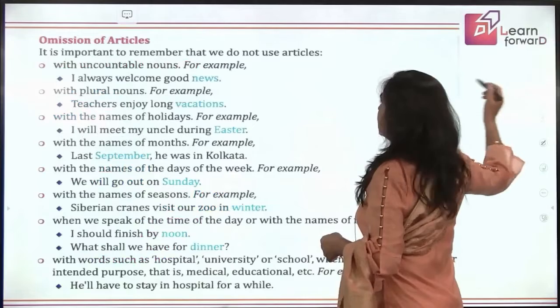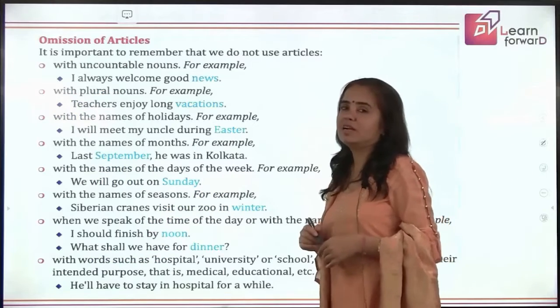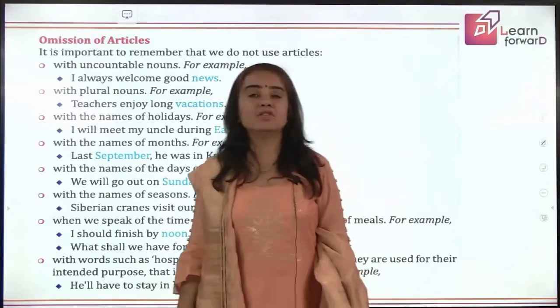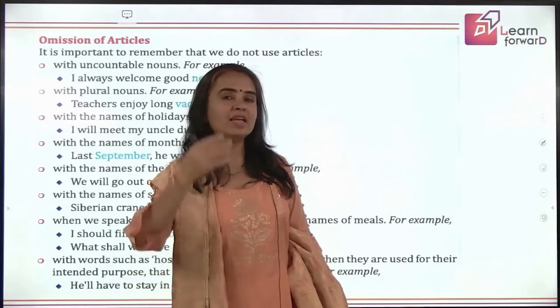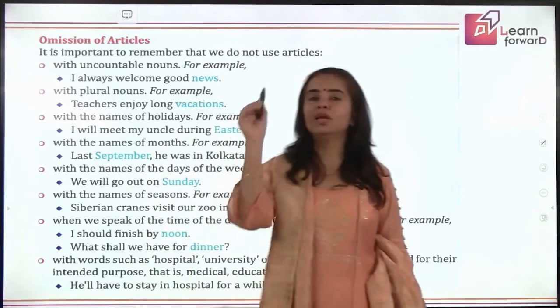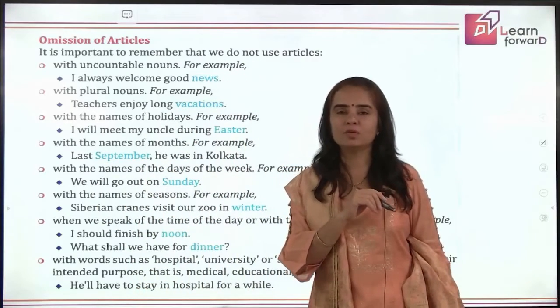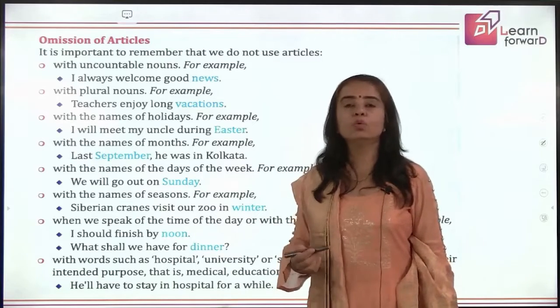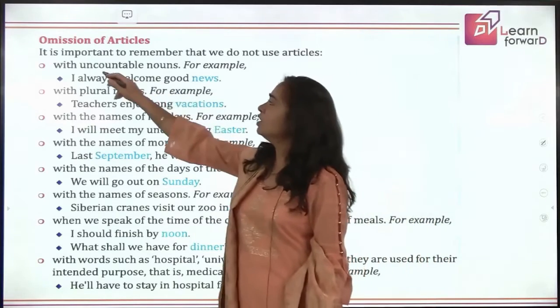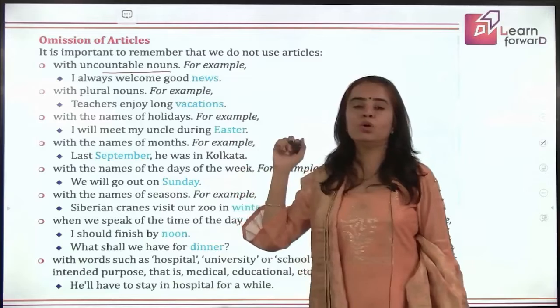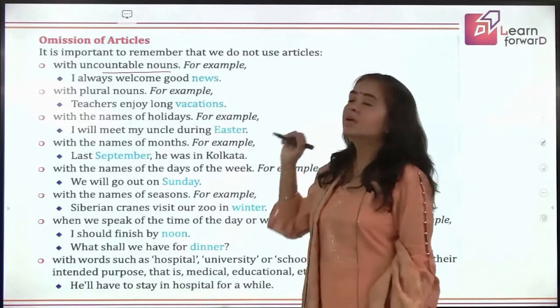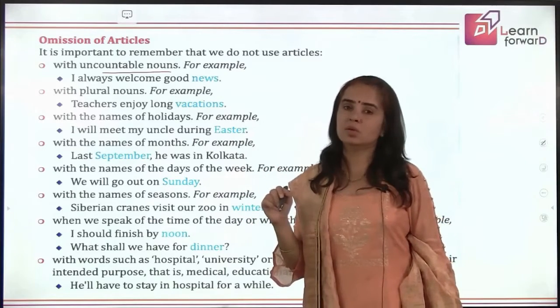Moving ahead, we have the omission of articles. We do omit articles. We do not use them. Like in your review exercise, I had put a cross, that will not be using an article. So there are a few rules that you must always remember. First is, as I already told you, we use articles with singular countable nouns.